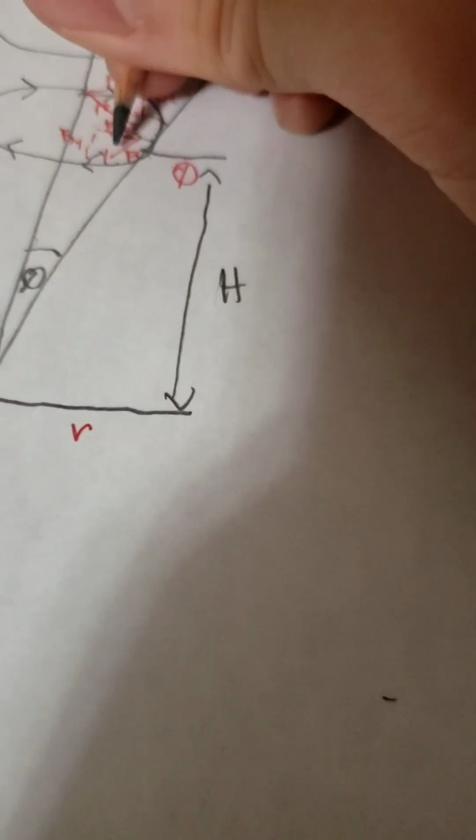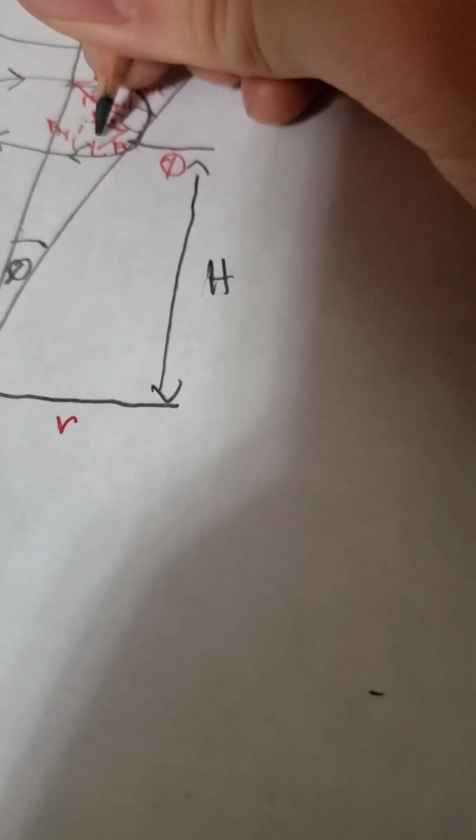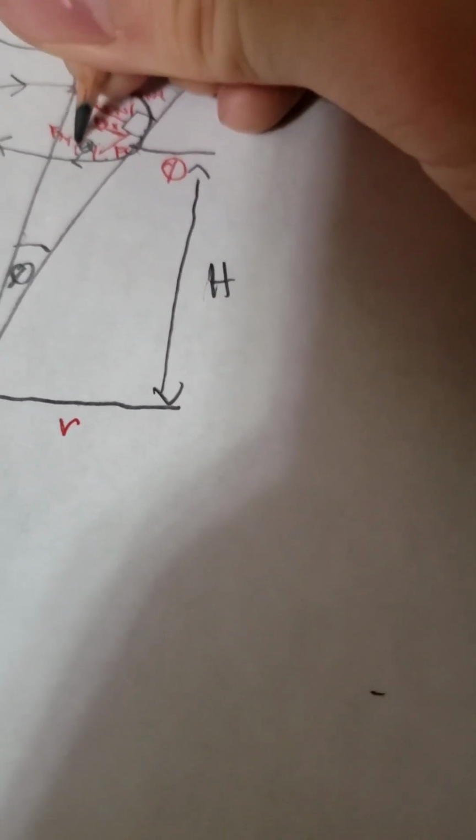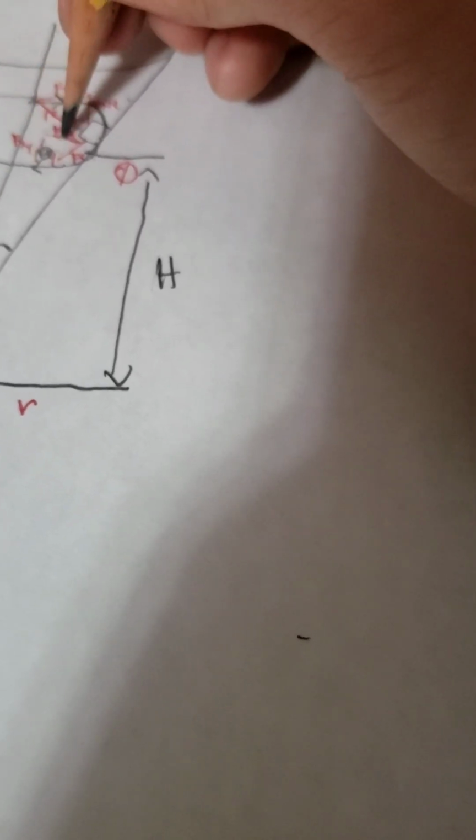Now Fs of x will be Fs sine theta, because now the angle is on the y-axis. So Fs of x now will be sine theta, equals Fc.